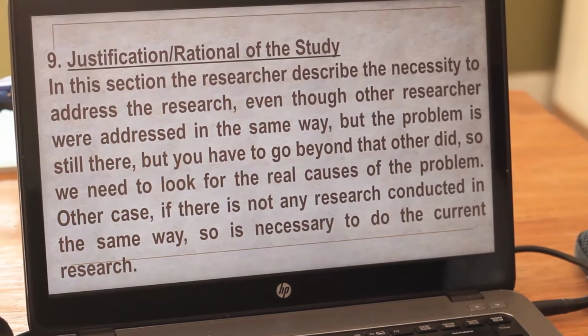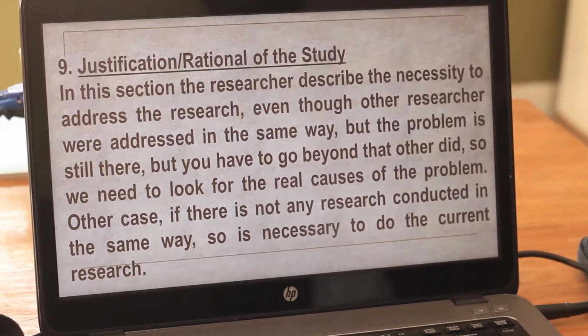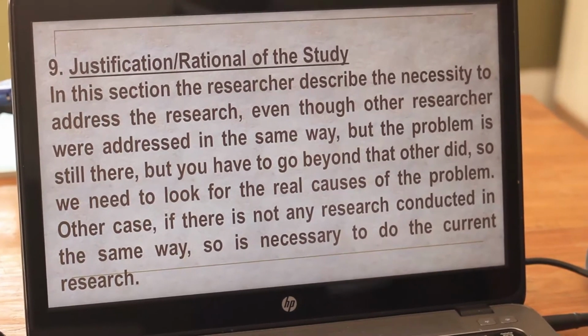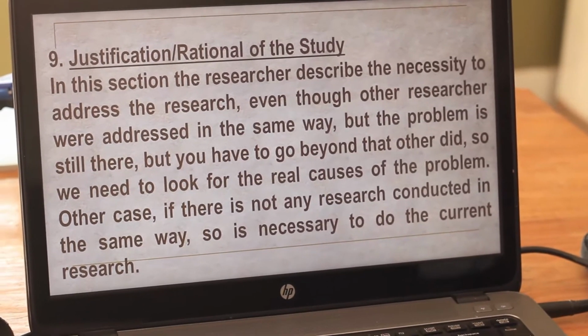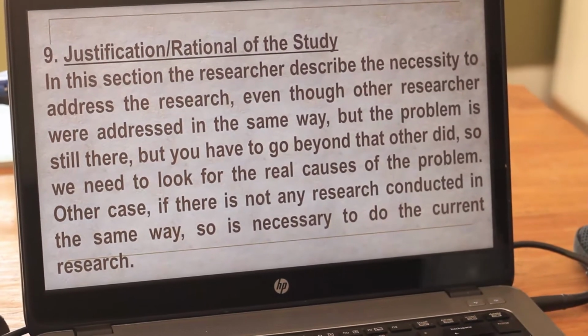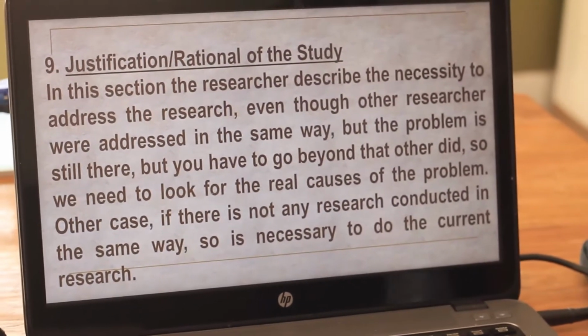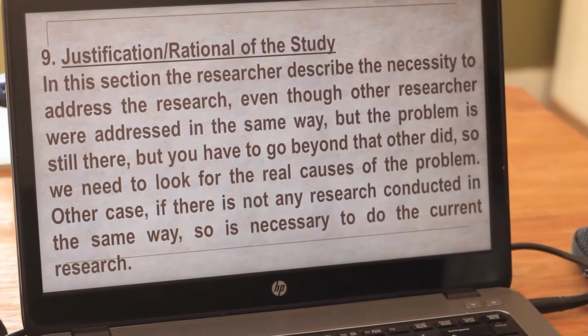In other words, under justification, rationale of the study, you are going to show that maybe other researchers did research before, but on this specific issue, they did not cover it. So you need to go beyond what others have done. You need to look for the real causes of the problem, which was not done before.